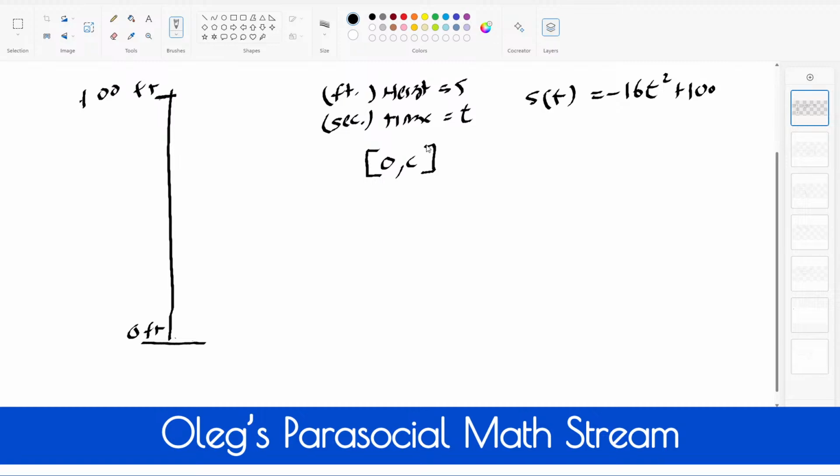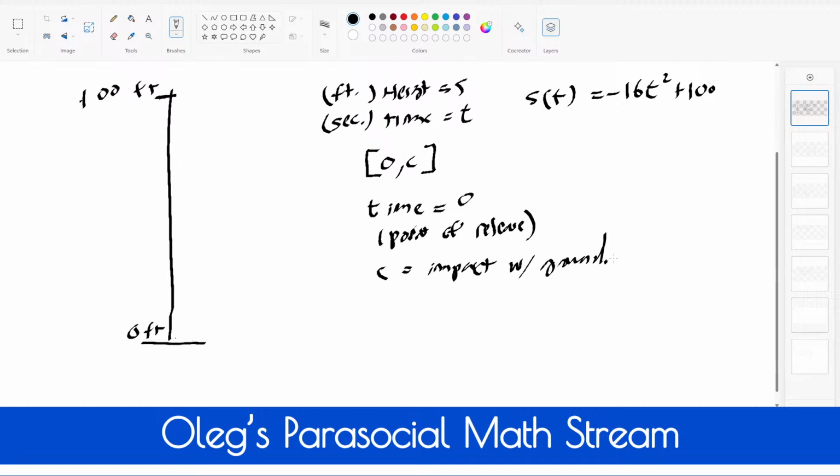C is the time the ball hits the ground. So 0 is time 0. Time equal to 0. Point of release. And then C is impact, ground. Okay?